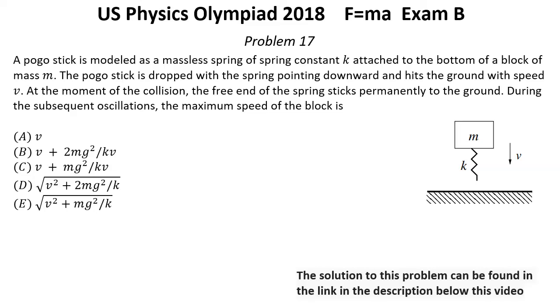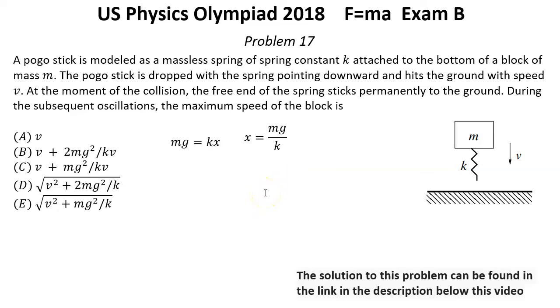But as the spring compresses, it reaches the point where the force of compression equals mg, and in that moment when the net force equals 0, we have the maximum possible speed of this pogo stick. So we can find the compression of the spring. We have mg equal kx, and from here x equal mg over k.